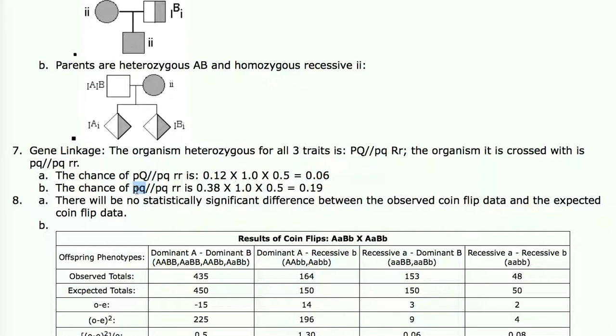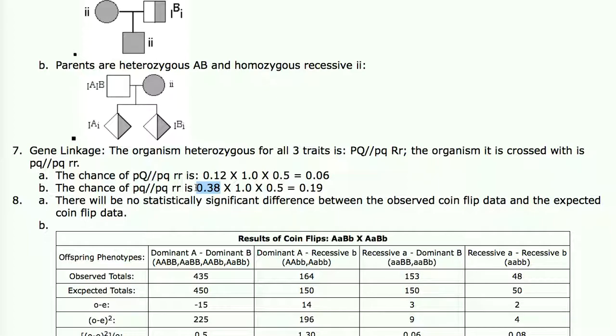Now, the chance of being little p, little q from the heterozygous parent, that's 38%, which is half of 76%, which is 100% minus 24%. So again, if the chance of crossing over is 24%, the chance of not crossing over is 76%.